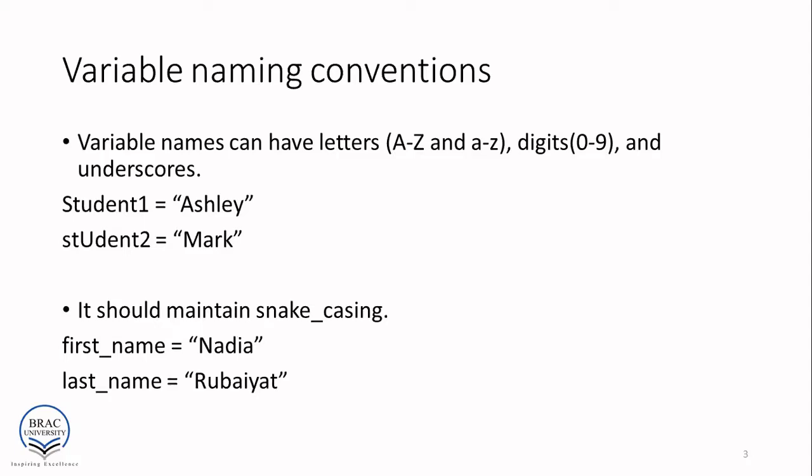Here, I have replaced the spaces between two words, first and name, with underscore. Similarly, for the two words last and name, I have replaced the space between them with underscore. This is called snake casing.